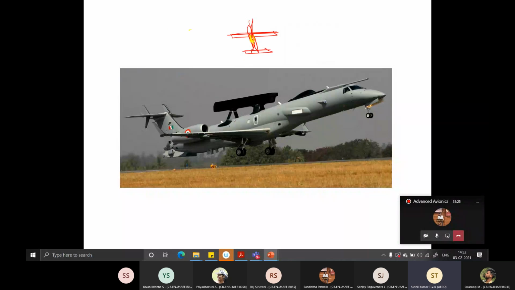So it's just one rectangular plate, you can say, or a small box. And now tell me how this fellow is going to achieve 360-degree coverage, with whatever we have learned about antennas.